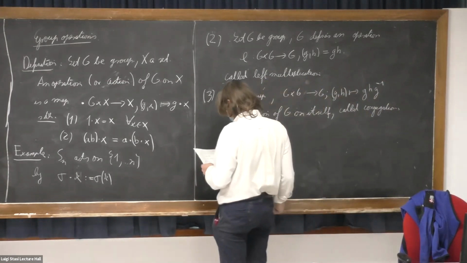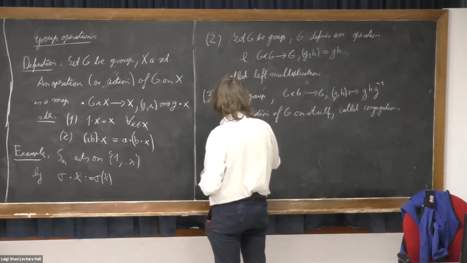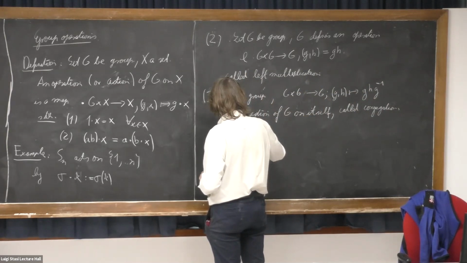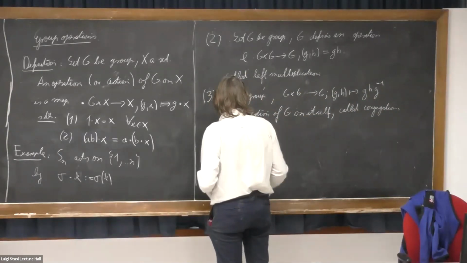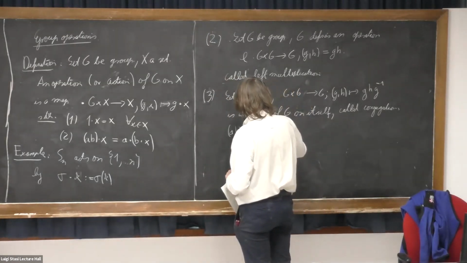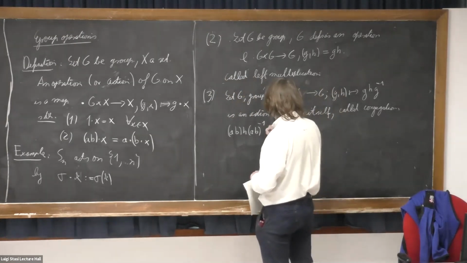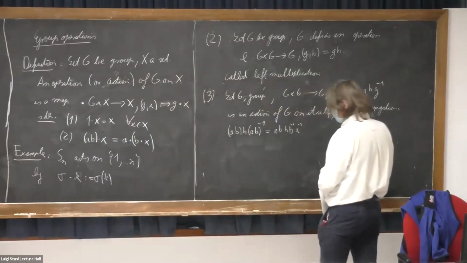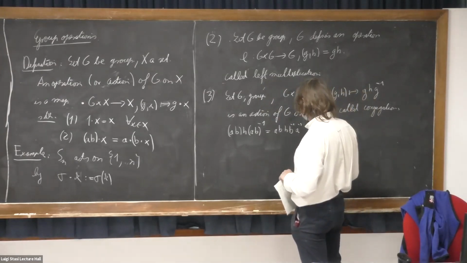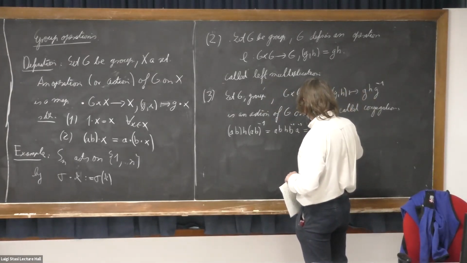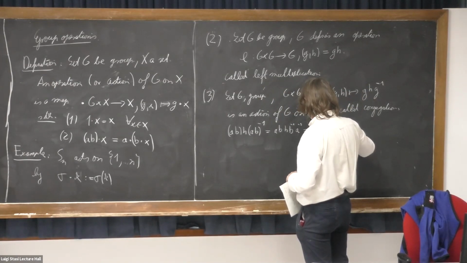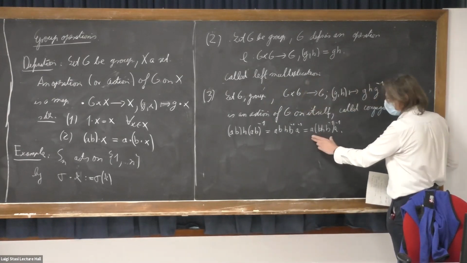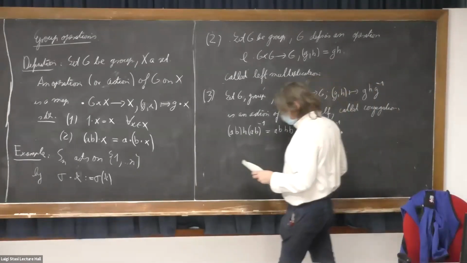And if we take ab, then (ab) h (ab) to the minus 1 is a b h b to the minus 1 a to the minus 1. So we first conjugate by b and then by a.